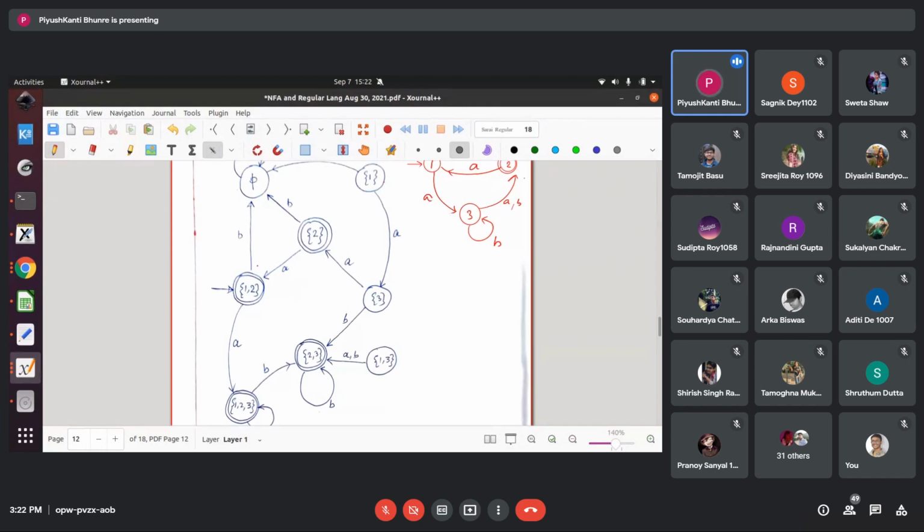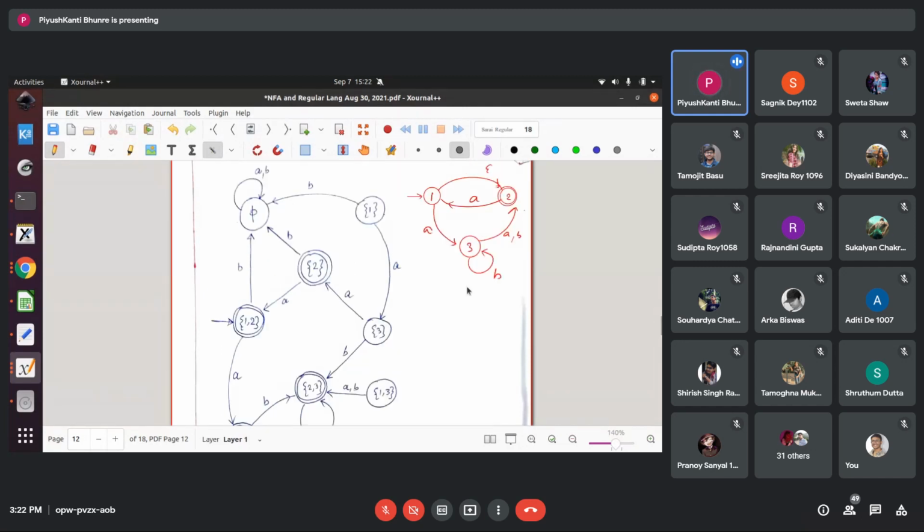On receiving B, it goes to 5, because in the NFA, so this is your DFA, there is no transition on receiving symbol B at state 1. So that's why it's going to state 5. Similarly, at state 2, there is no transition for input B. So that's why there is a state transition to the state 5. Similarly, from 1 and from 2 also it happens here.